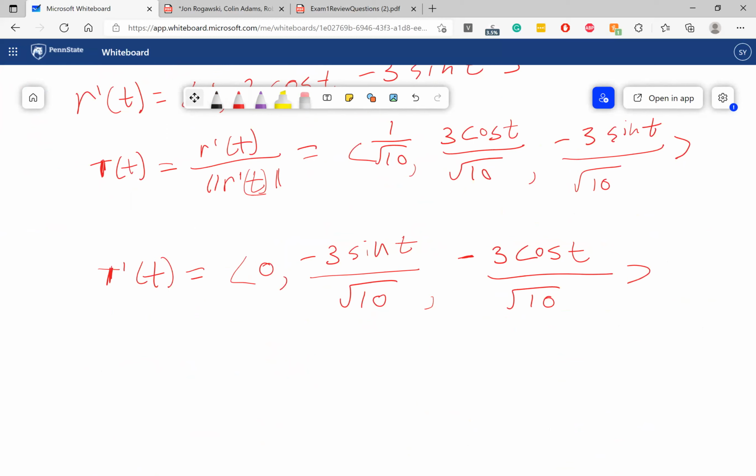So now we found T prime of t. And so then in order to solve the problem, what we need is k of t, which is equal to the magnitude of T prime of t over the magnitude of r prime of t.